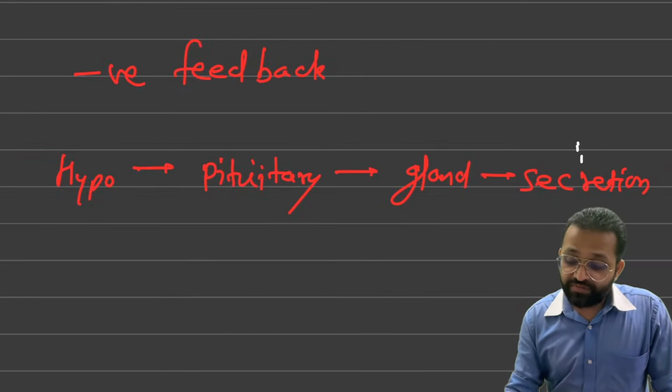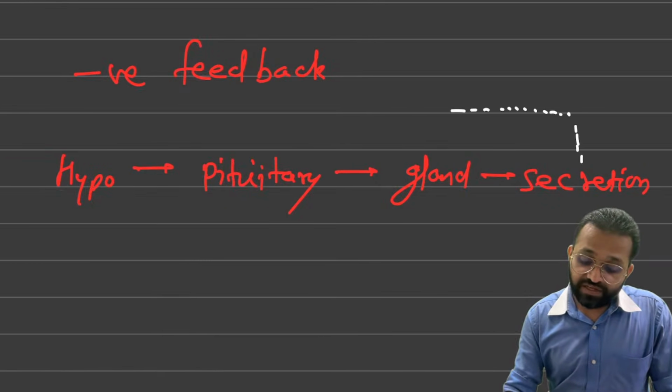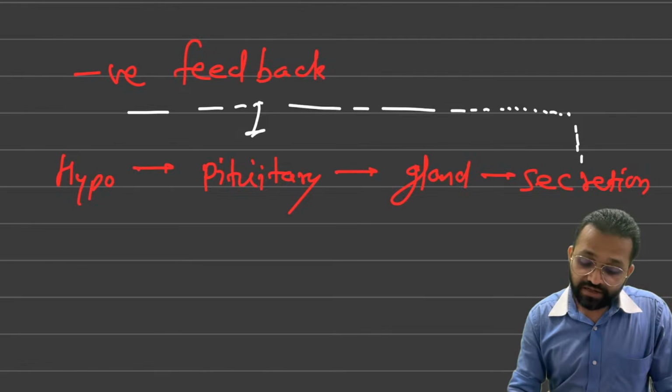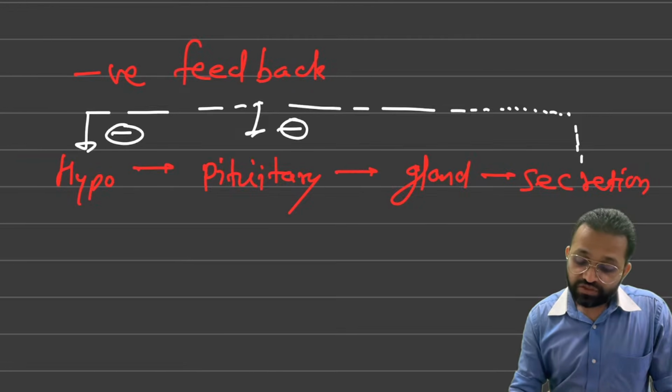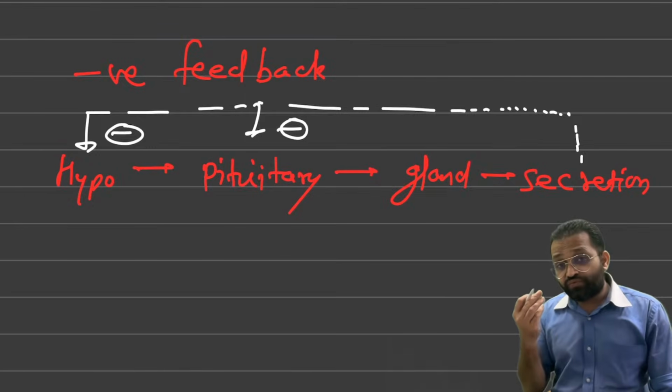But due to the negative feedback mechanism, this secretion will inhibit the pituitary gland as well as the hypothalamus. So this is known as the negative feedback cycle.